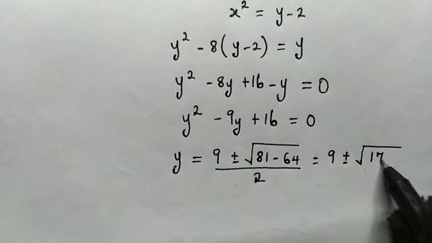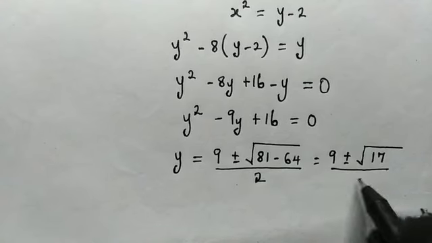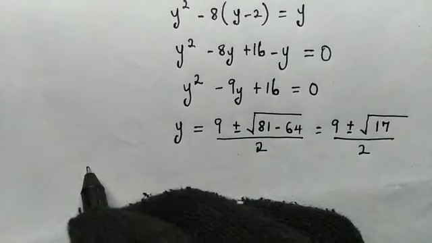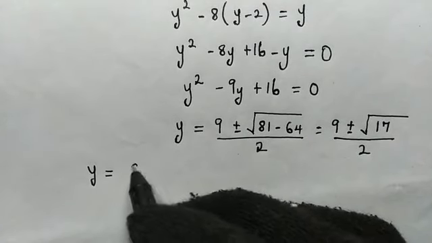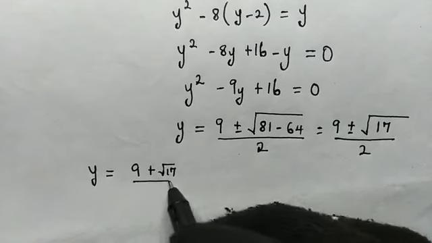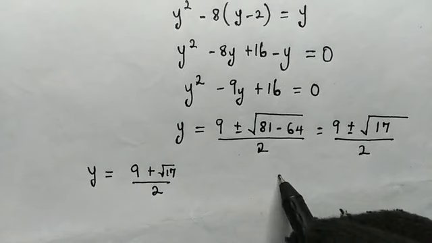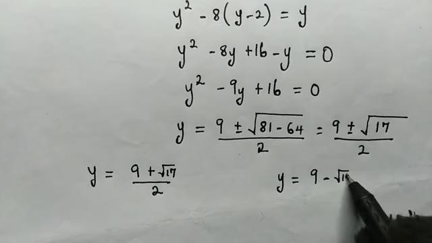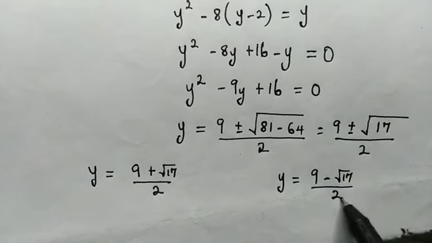So this is 17, and we're dividing by 2. Okay, so we have found y is equal to 9 plus root of 17 divided by 2, and we also have y is equal to 9 minus root of 17 divided by 2.